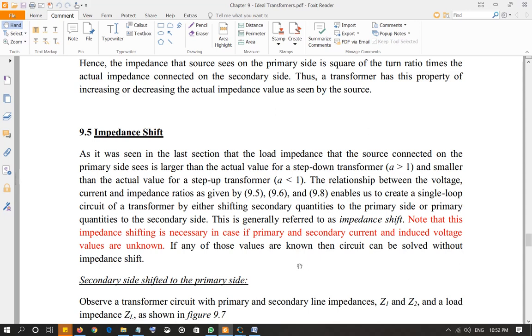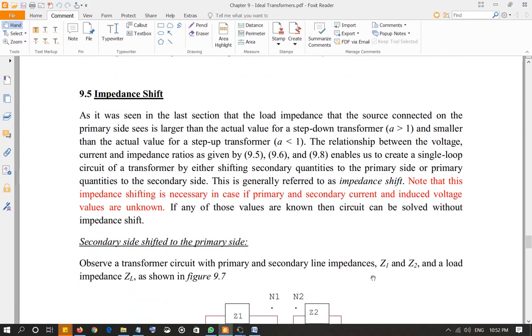Now, any circuit can be solved using the impedance shift or impedance reflection, but sometimes it is necessary to do that. And when it is necessary, here it is given in red color.